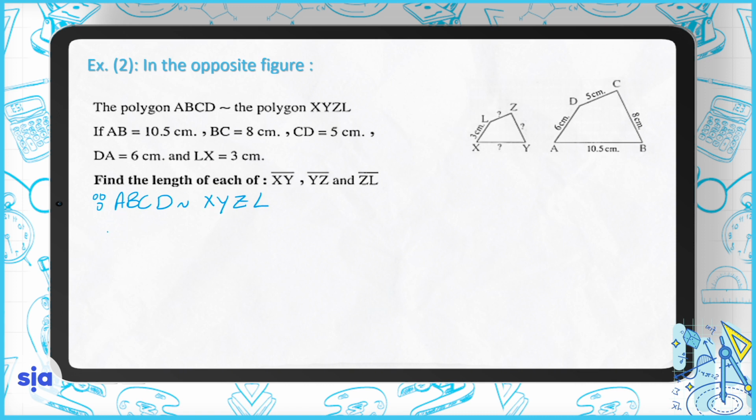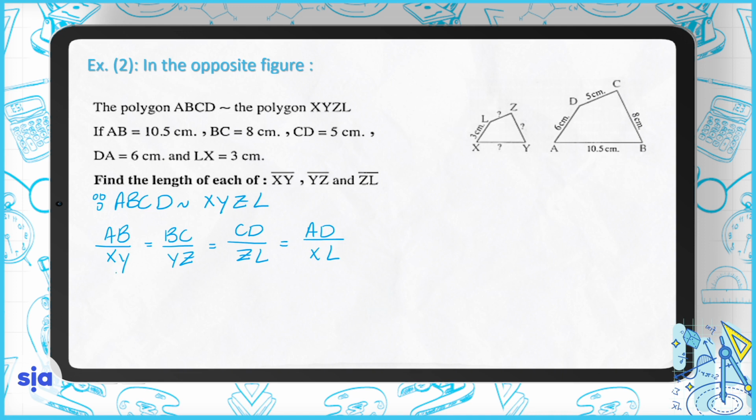So AB over XY is equal to BC over YZ is equal to CD over ZL is equal to AD over XL.